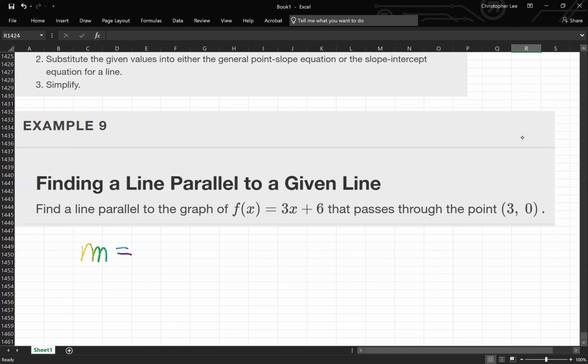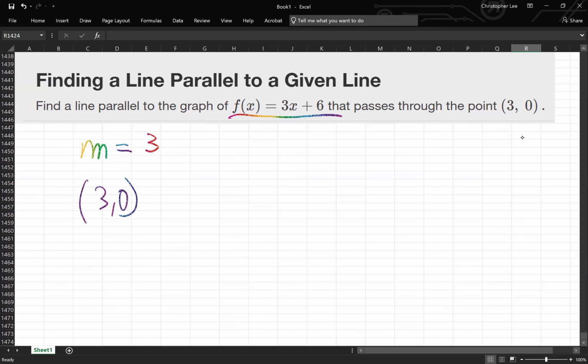If the line I'm about to make is parallel, what's my slope going to be? Using this equation, 3. Thank you. All right, 3. And I want to pass through the point 3 comma 0.